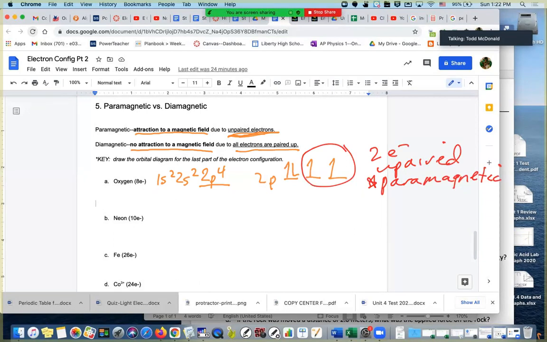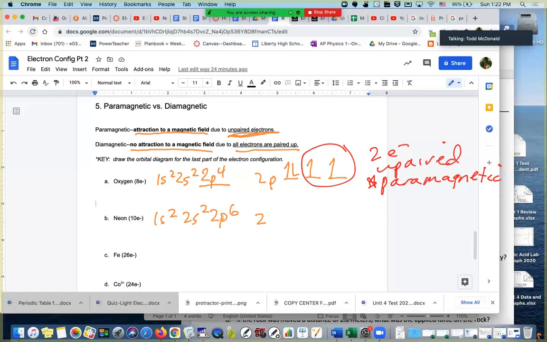And what that means is if I put a magnetic field near oxygen atoms, a sample of oxygen atoms, I should have some attraction to that magnetic field. There's kind of some magnetic properties that would come along with that because of those unpaired electrons. All right, let's look at an example of neon. Let's see whether that's true or not. So neon is very similar to oxygen, but I have 2 more electrons. So 1s2, 2s2, 2p6.